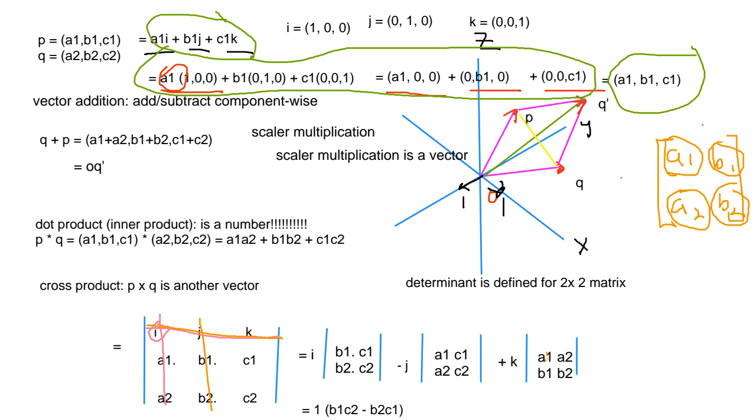This should be B1, and this should be A2, B2. Thank you. I have to be consistent, right? But later on, if you take a matrix class, they will be offered by a negative sign. Yeah, so I made a mistake.